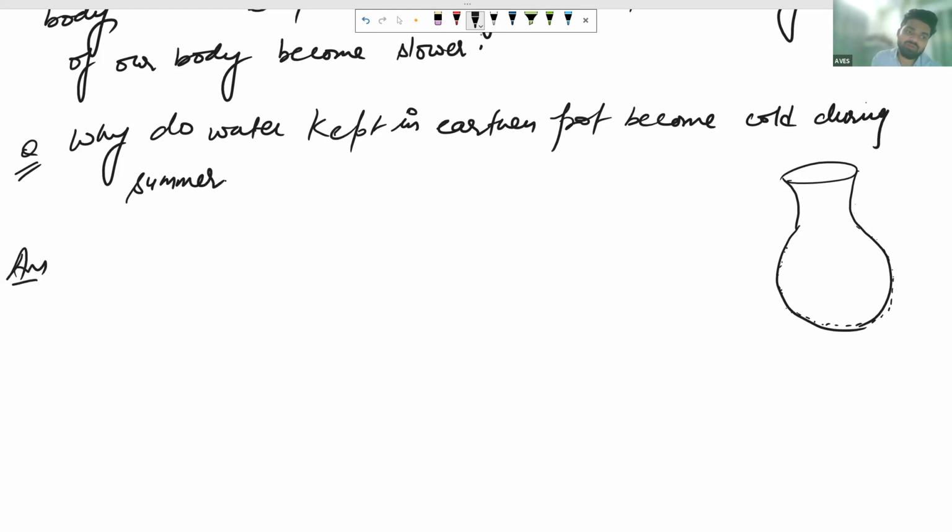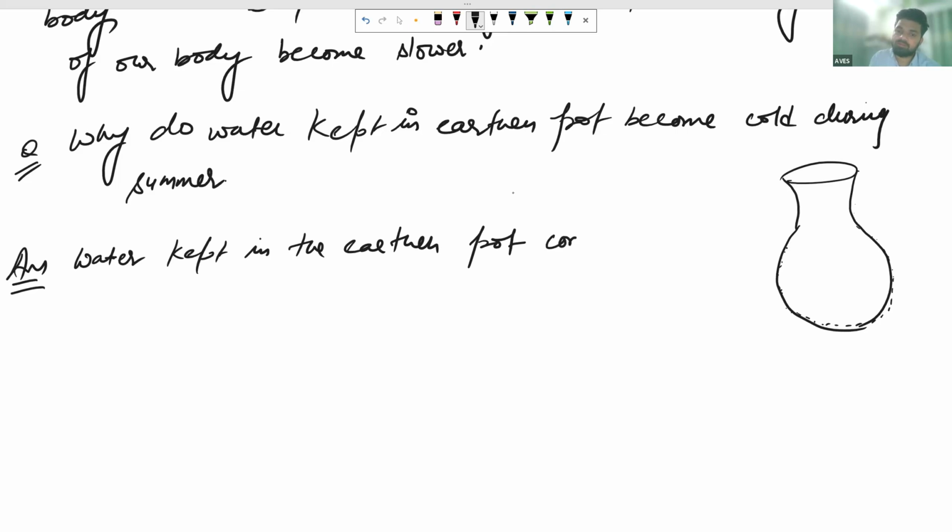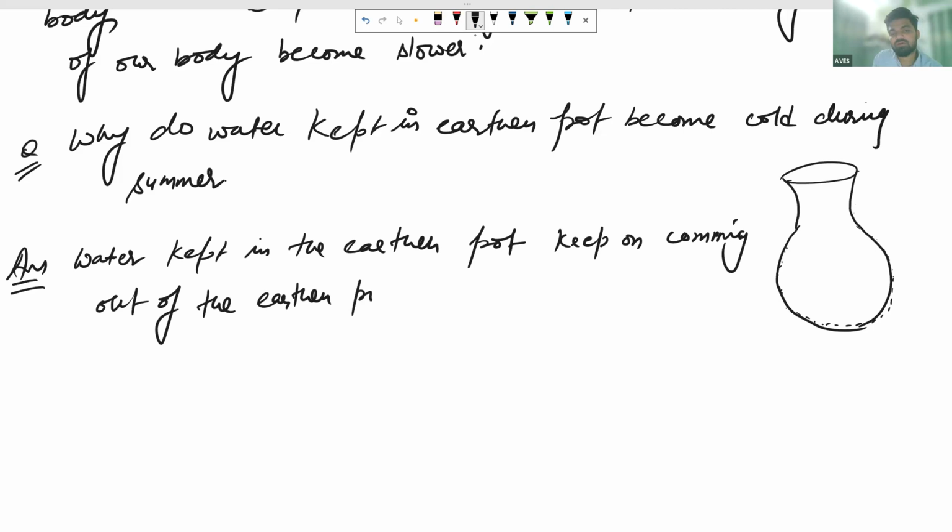So note it down. Water kept in the earthen pot keeps coming out of the earthen pot by the minute pores.